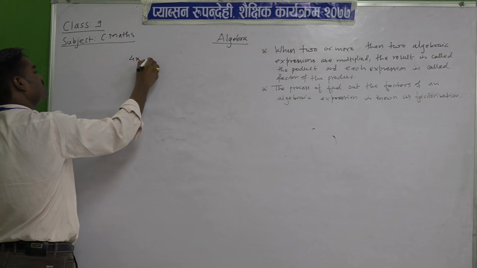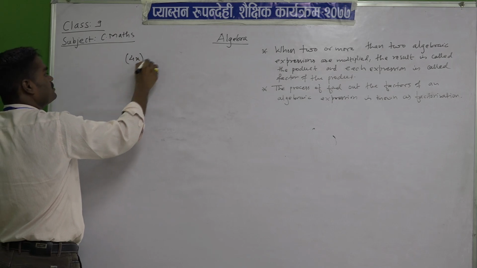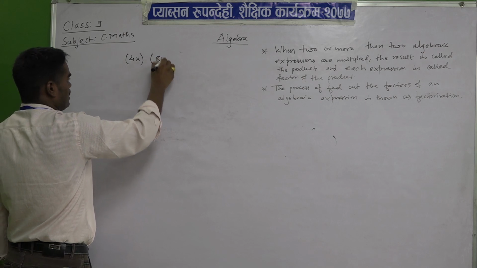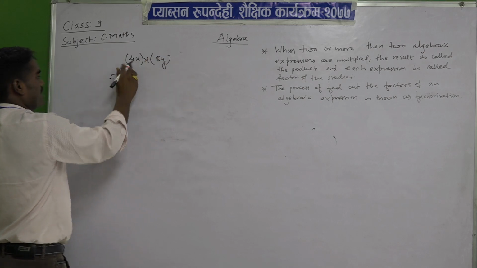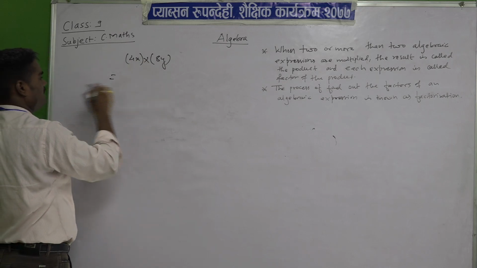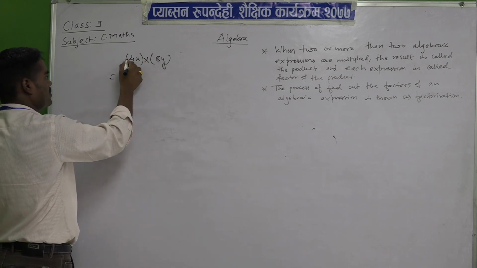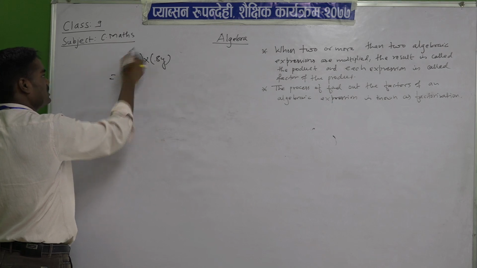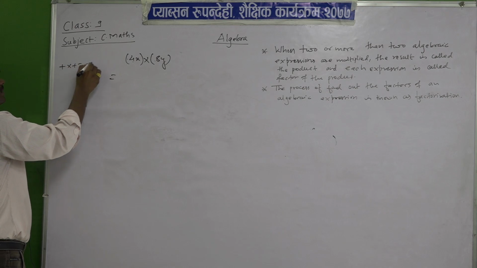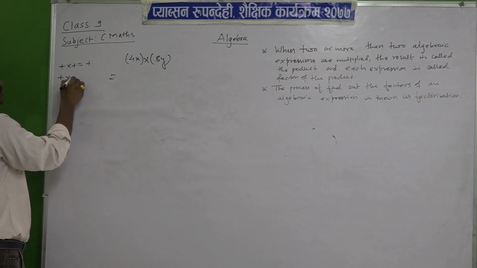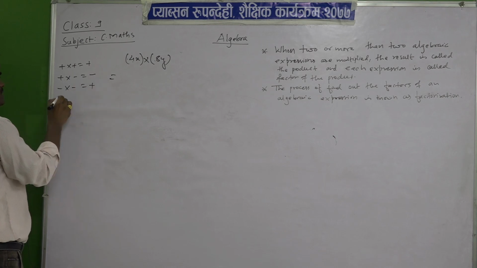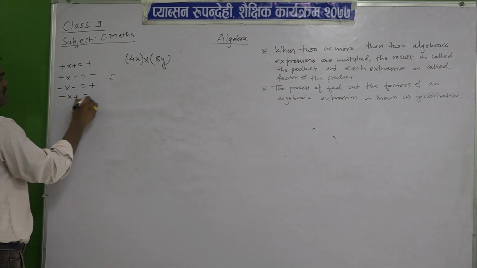Suppose 4x and 8y. If these 2 factors are multiplied, first you know the operation of sign: plus into plus, plus; plus into minus, minus; minus into minus, plus; and minus into plus, minus.